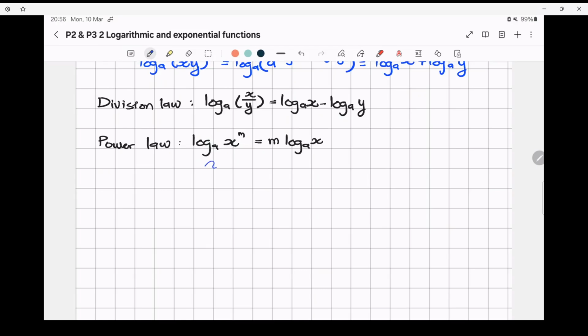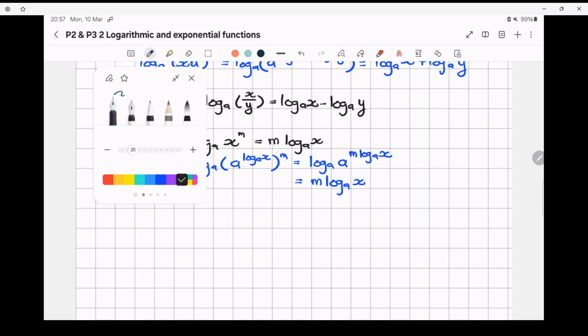So x essentially can be written as a to the power of log base a x, and then you power m again. So this is just log base a x to the m, which is m log base a x, and we know from the previous identity that this is just m log a x. So that's how you prove your power law.